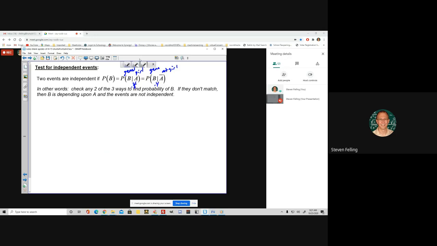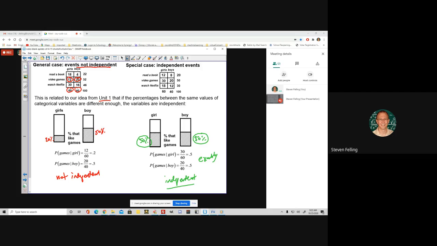And I want to point out that there's a third way to calculate the probability of games. We could also figure out, so this is, say, the probability of games given girl, and this would be the probability of games given not girl, which in this case was boy. What would this one be? This would be just the probability of games, period. So what would that look like if I go back to the table over here? I'll take the one which is independent.